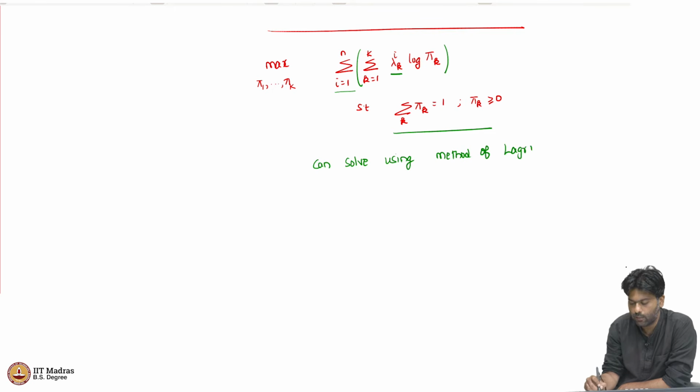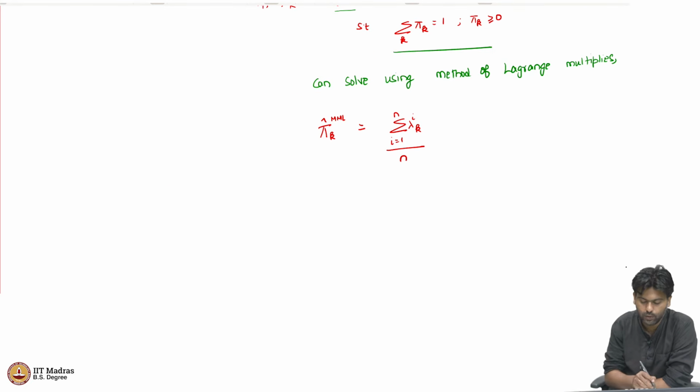Otherwise, take it at this point that this can be solved in closed form easily. So, this can be solved using the method of Lagrange multipliers to give us the following quantity: pi k mml is going to be simply the sum over i equals 1 to n of lambda i k, divided by n.